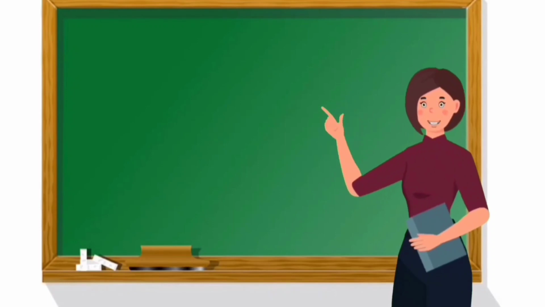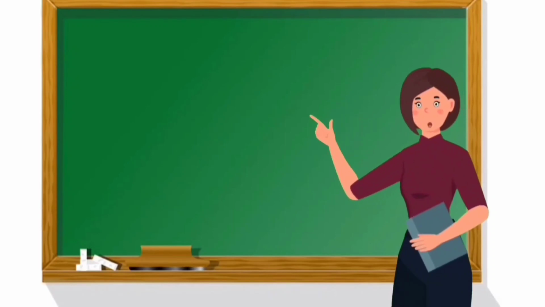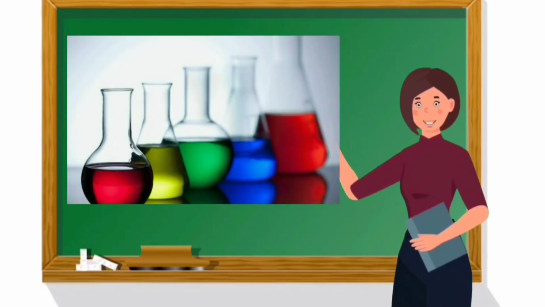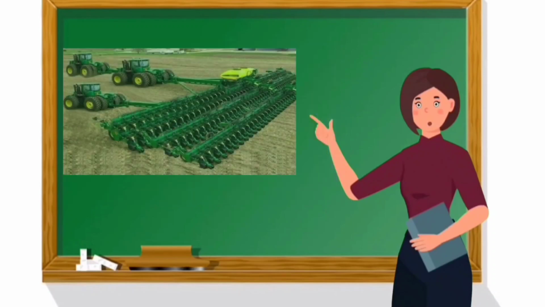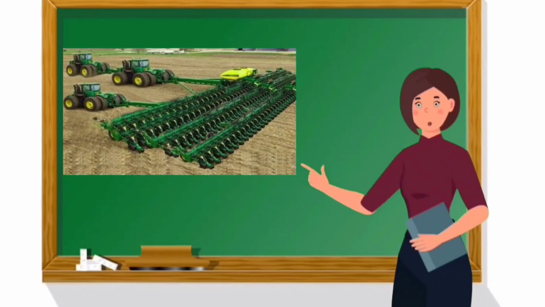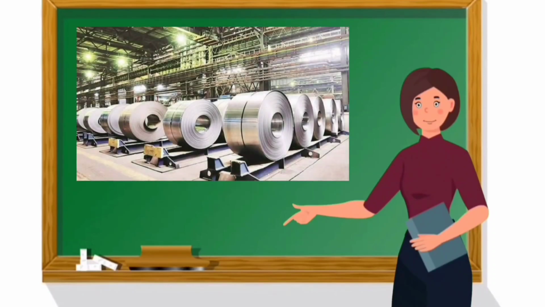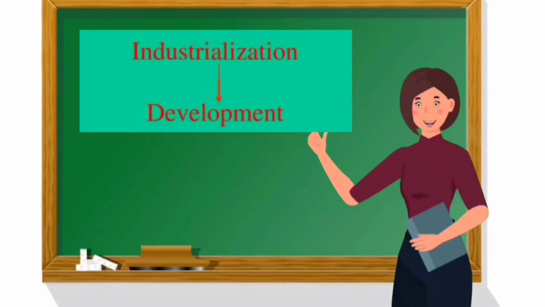Right? In Jamshedpur, several other industrial plants were set up after TISCO. They produce chemicals, locomotive parts, agriculture equipment, machinery, tin plate, cable and wire. Right? The development of the iron and steel industry opened the doors to rapid industrial development in India.